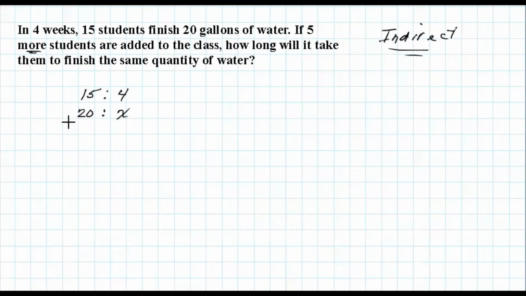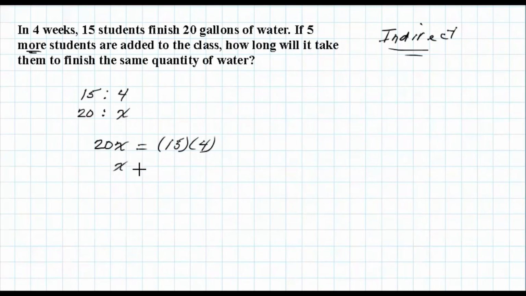So again, what we're going to do here is multiply across, right? Remember, we worked this out a little differently. So 20 times x is equal to 15 times 4.